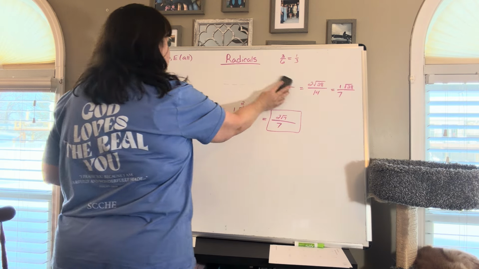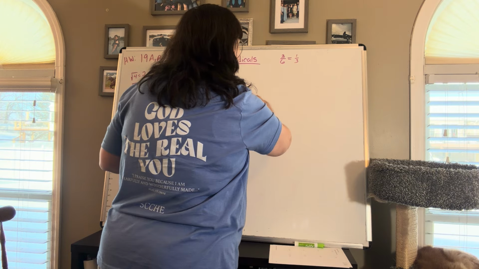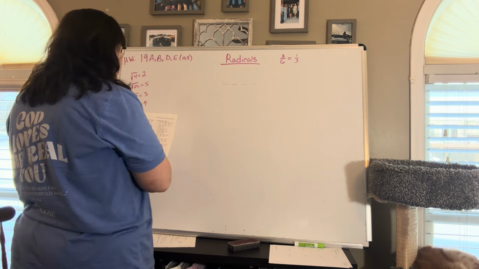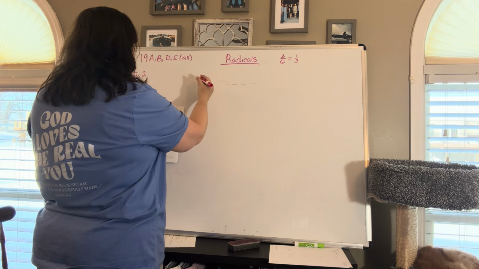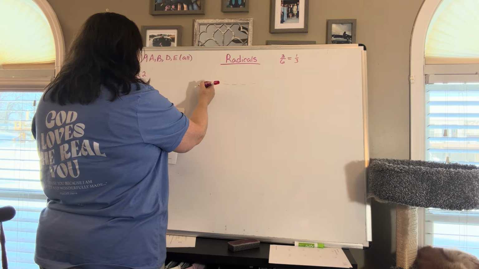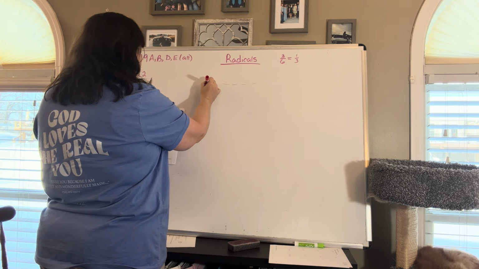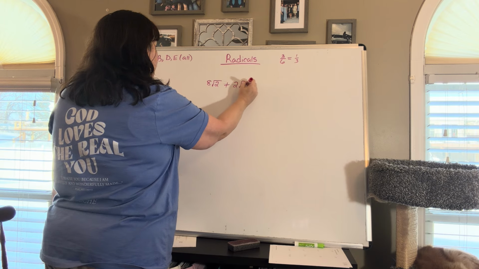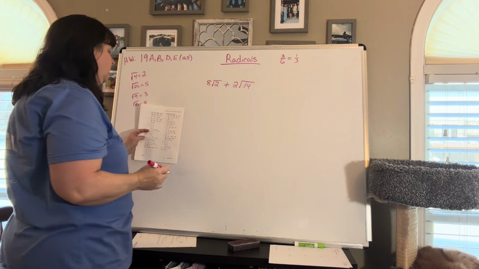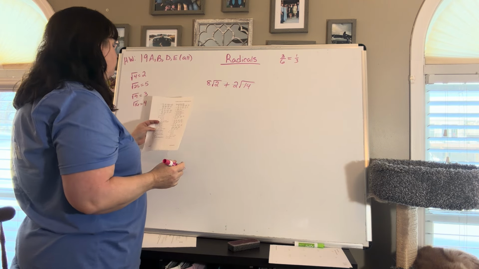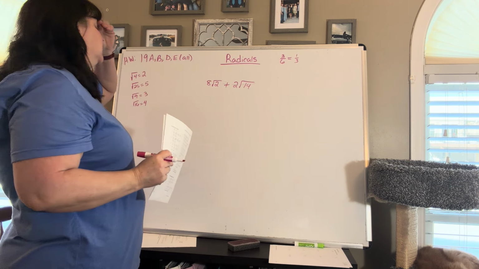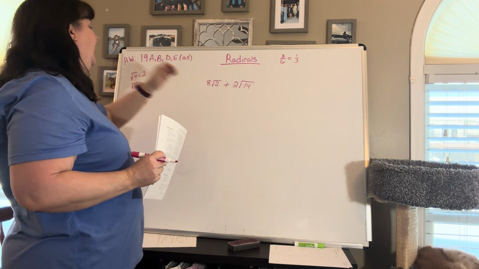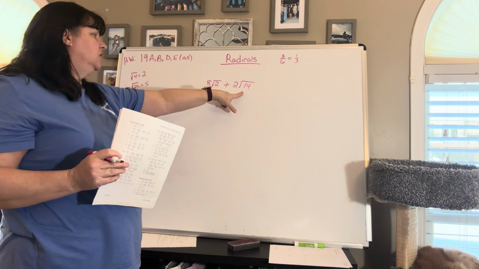Let's see, what else do I want to show you guys? Well, let me show you one more addition one. If I have 8 radical 2 plus 2 radical 14, and we're asked to simplify, we ask ourselves, okay, I don't have a common radical here, so I can't add these.